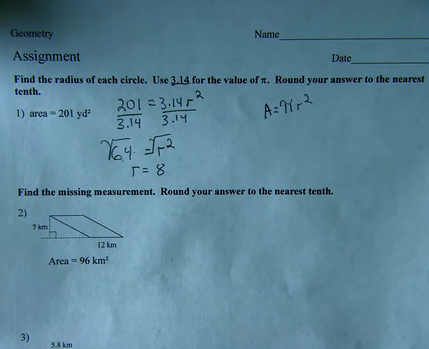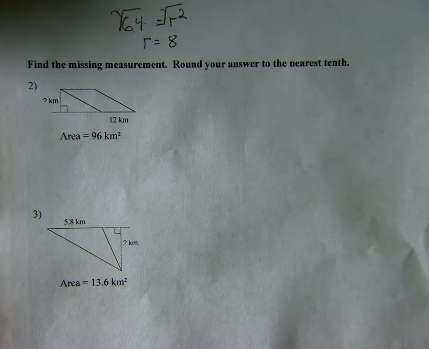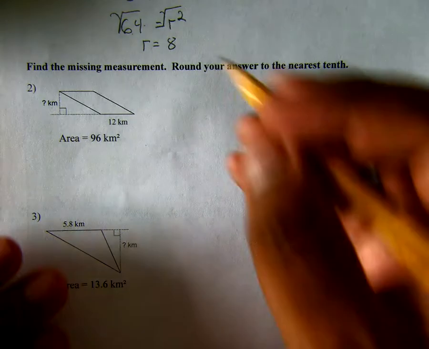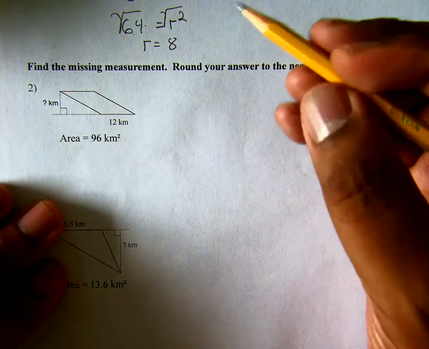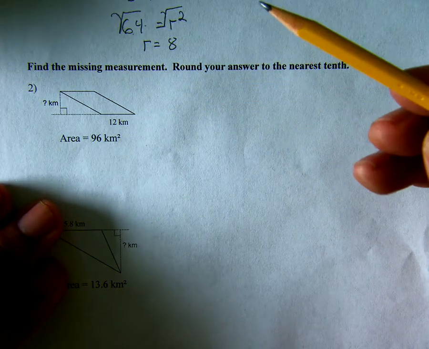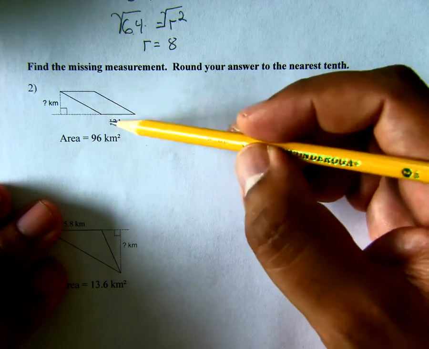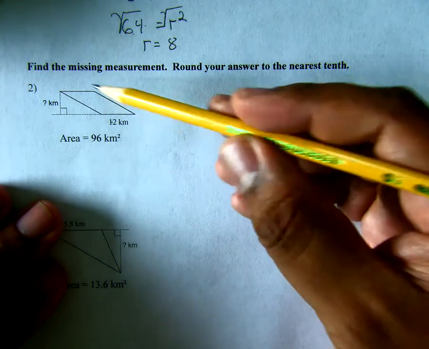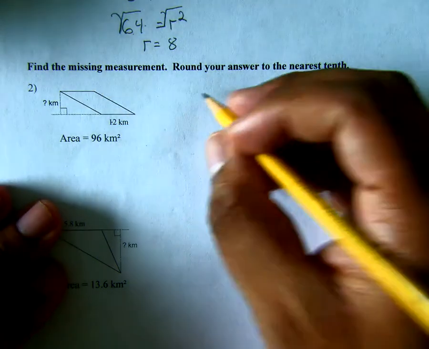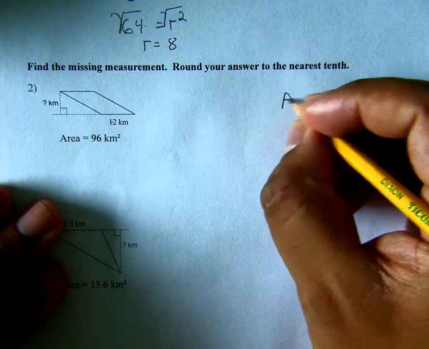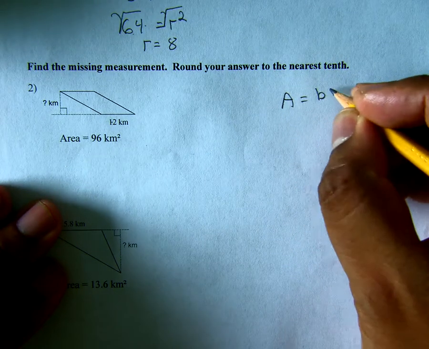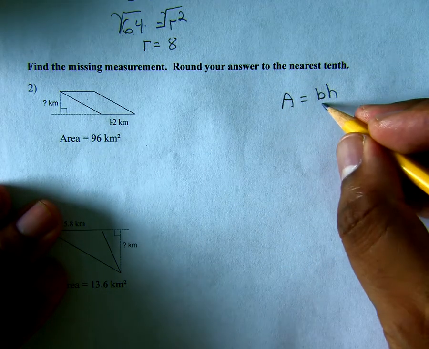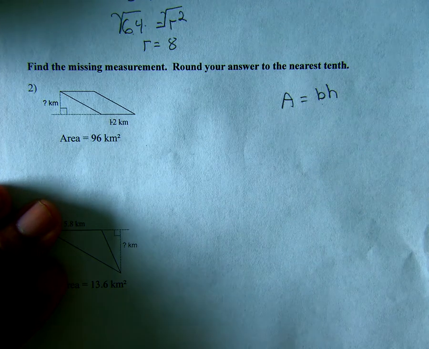Now let's take a look at example number 2. All right, on this one we have a parallelogram, and to keep from getting confused between a parallelogram and a trapezoid, remember that these have two pairs of parallel sides. And we want to start with the formula. So the area is equal to base times height, and it's the little b base times height.